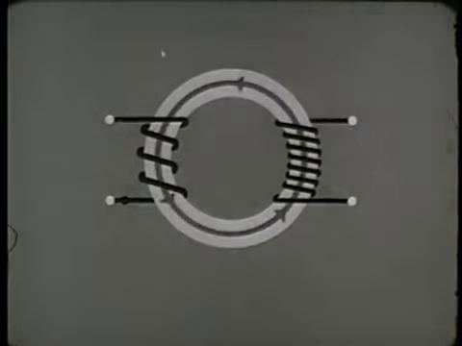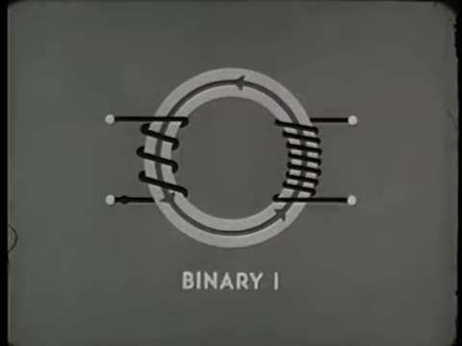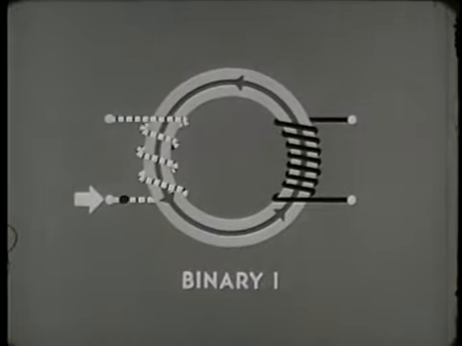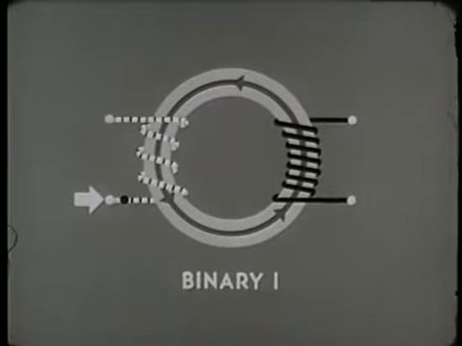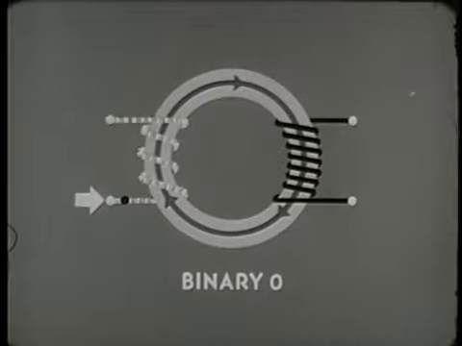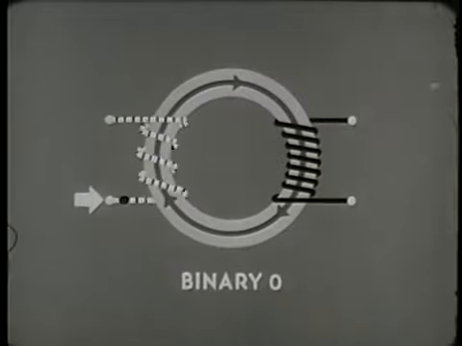Assume the core is in a state of positive residual magnetism, in the binary 1 state. To change the core to binary 0, we send current into the dot side of the input winding. Dot current switches the core to binary 0, reversing the direction of the magnetic lines of force.